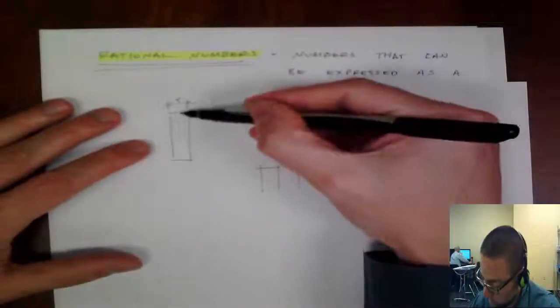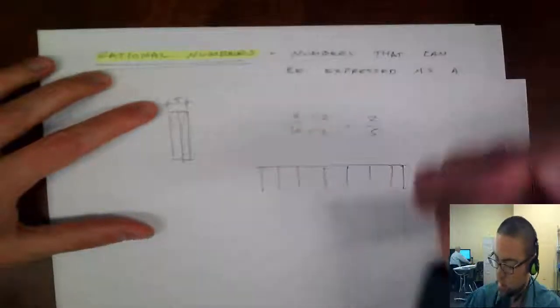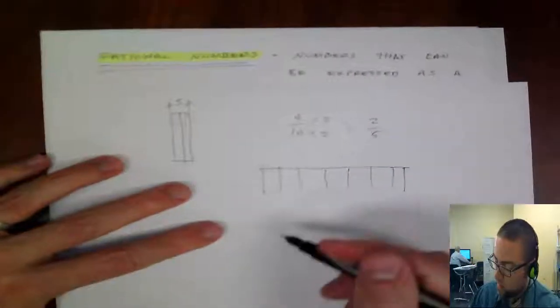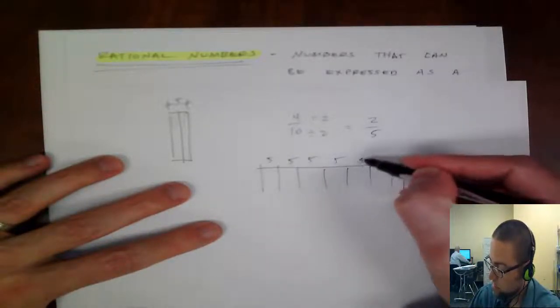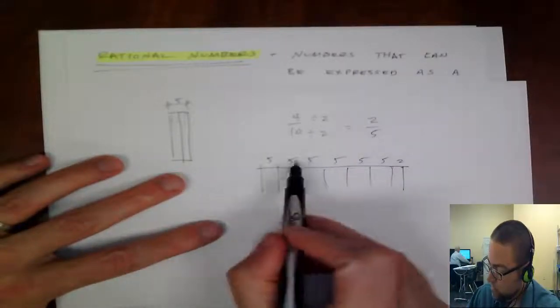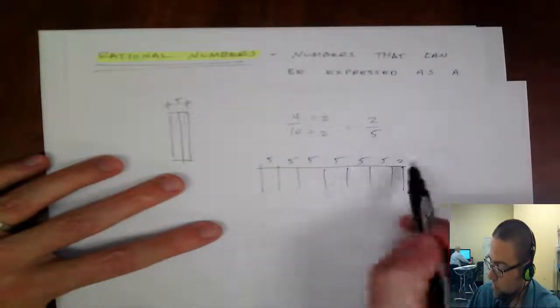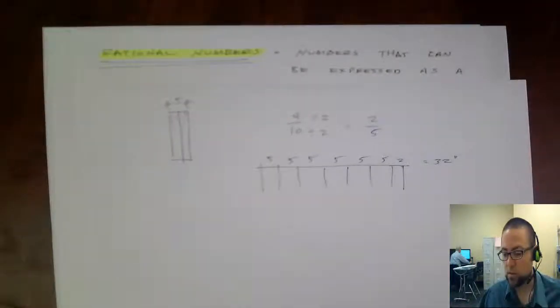I'd have to take my table saw and slice it down the middle, and then glue that on. So this would be 5 inches, 5 inches, 5 inches, 5 inches, 5 inches, 5 inches, and 2 inches, which would make 32, right? 5, 10, 15, 20, 25, 30, and 2 makes 32 inches. Okay, so that's one way to think about it.